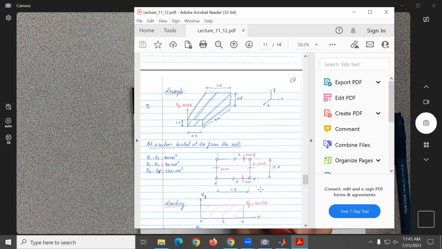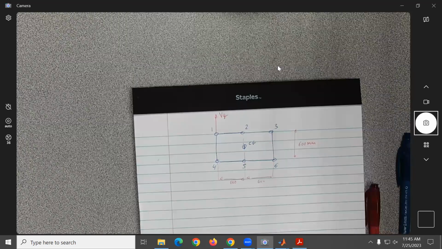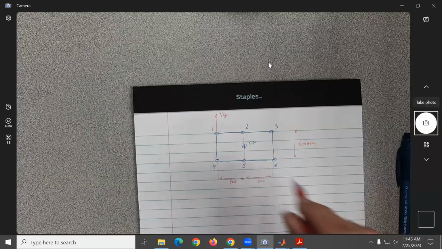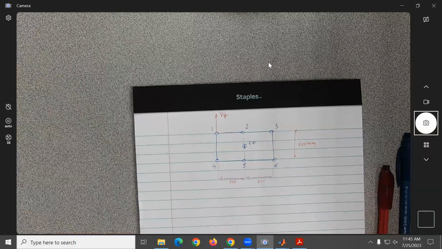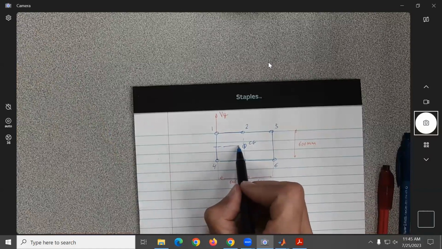I'll show you my figure in a minute. Remember this will be the neutral axis over here, but we don't need it, but if you want, we can put it.